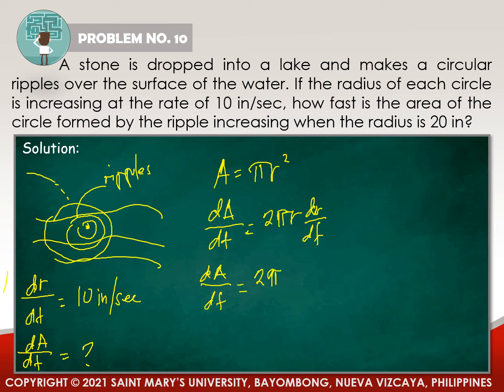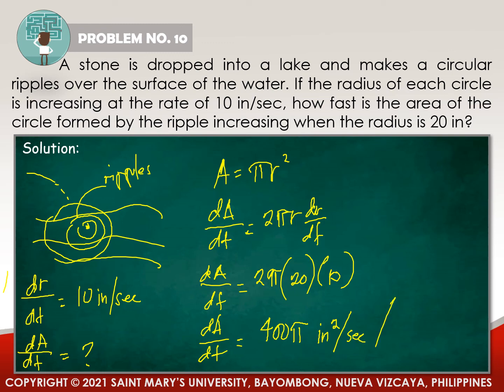By substitution, we have dA over dt equals 2 pi. The radius is 20 inches, sabi sa problem. dr over dt is 10. And that is equal to dA over dt. 2 pi times 20 times 10 is 400 pi. So the answer is 400 pi inch squared per second.